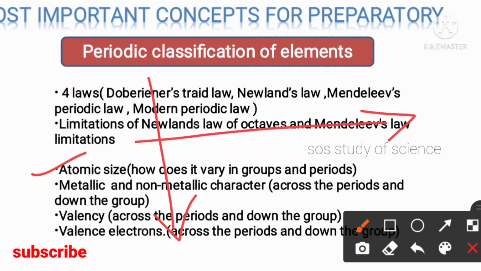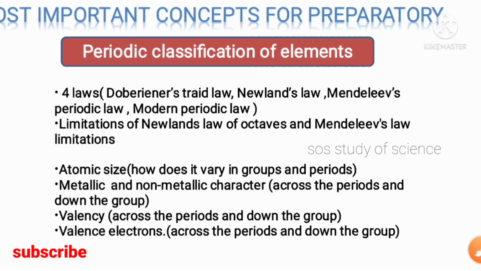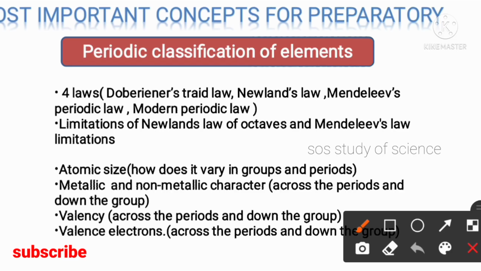You must definitely learn these concepts before going to the examination hall, related to atomic size and metallic and non-metallic character: what happens to metallic and non-metallic character when we go from left to right, which we can also call across the period, or from top to bottom. Very importantly, you want to understand this.